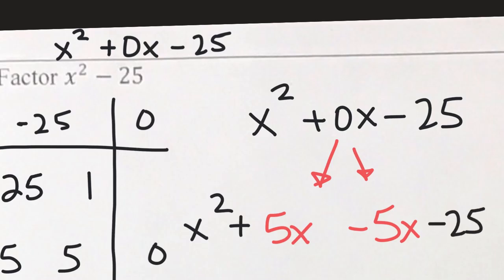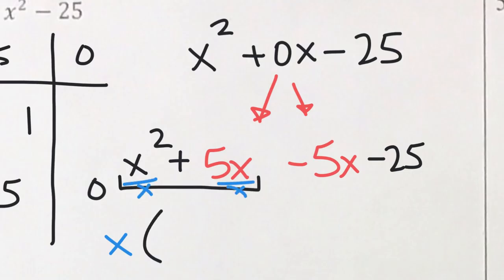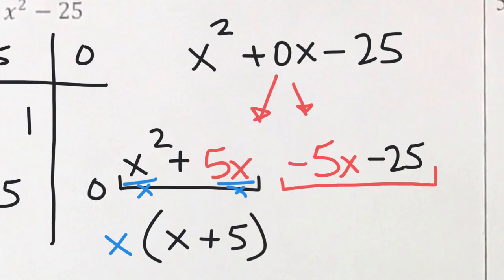Okay, so I have no term in the middle, which means it's going to be a 0. So x squared plus 5x. These have an x in common. Right? And if I take an x out, I have x plus 5. And negative 5x and negative 25 have a negative 5 in common, right?